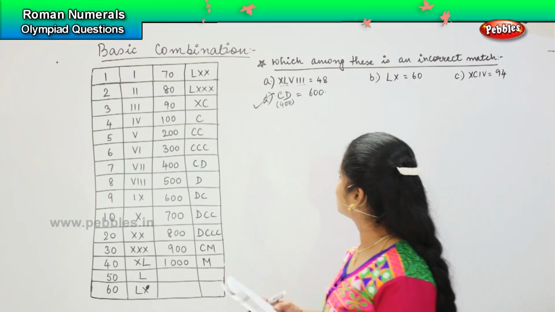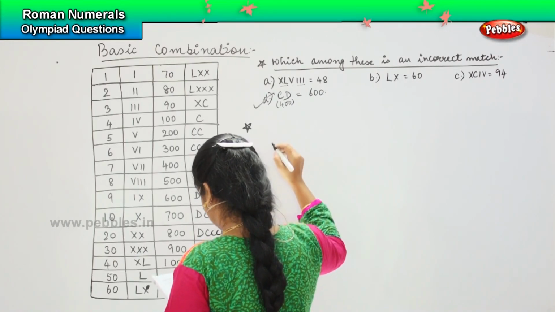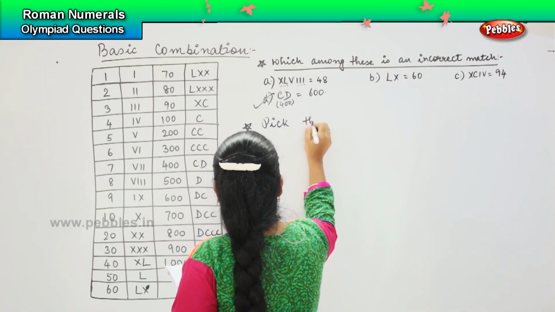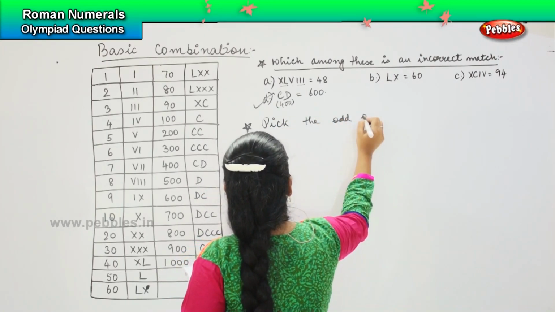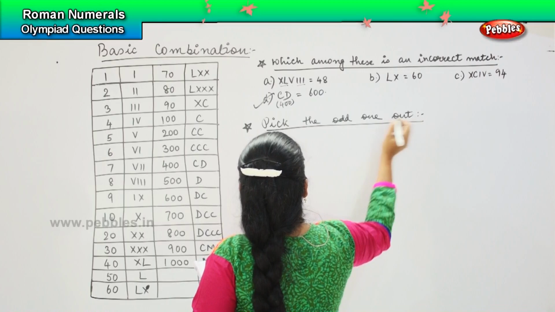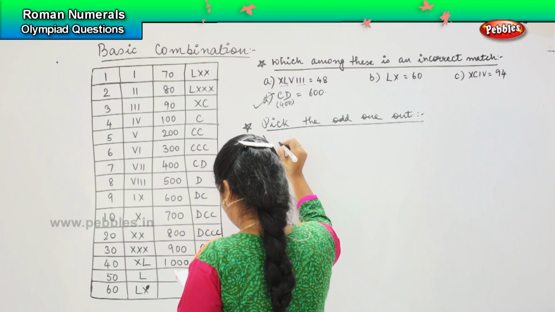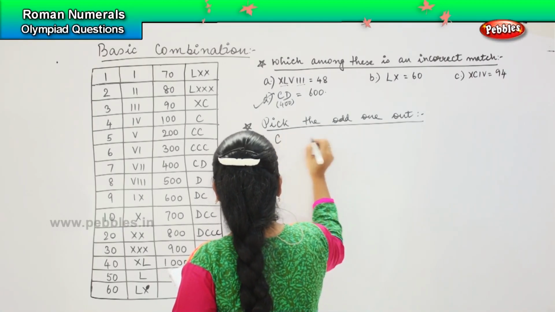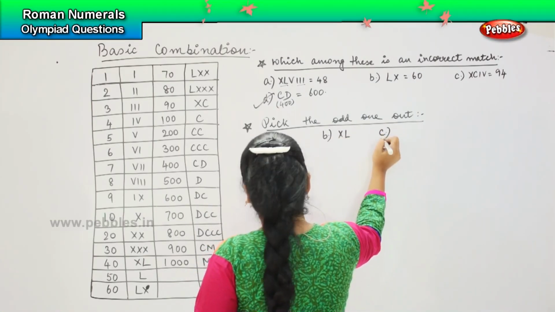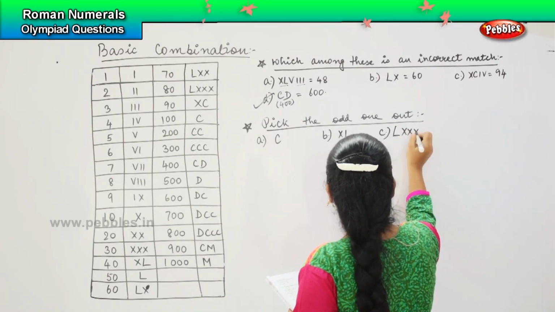Okay, so this is your next question. The question says, pick the odd one out. Option A, C. Option B, XL. Option C, L, 4X.